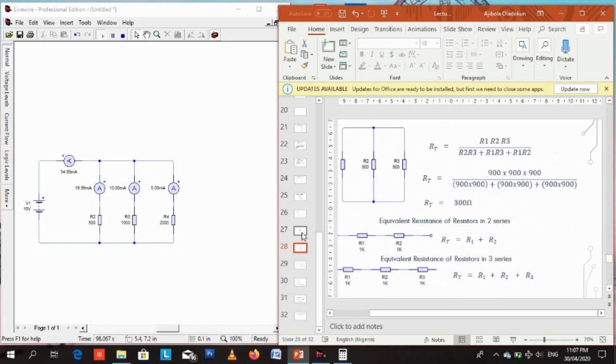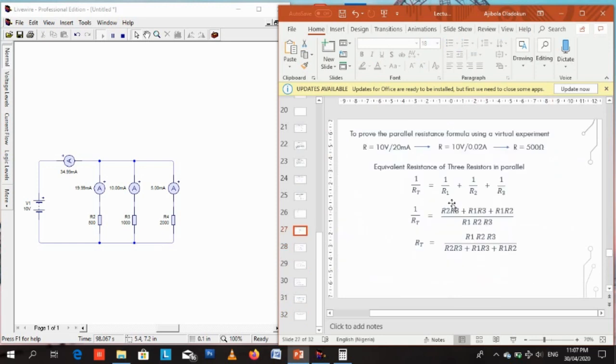Alright, we've done this before. This is the formula for total resistance of resistors in parallel. We've done this before, so we are going to make use of this again. Let's see if we can copy the formula.